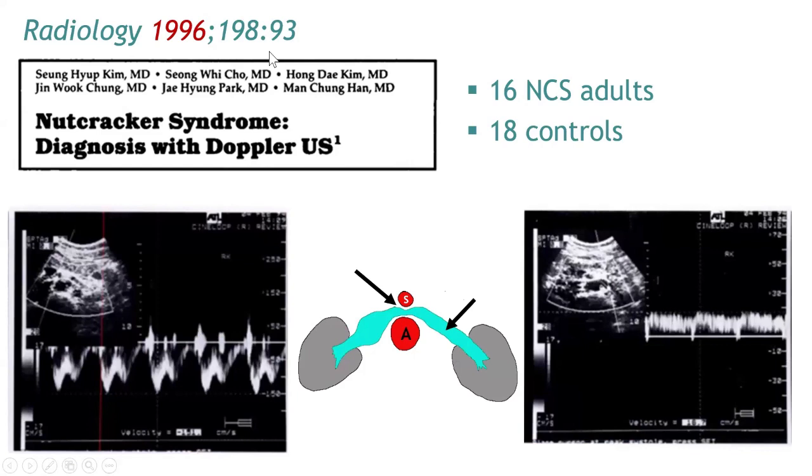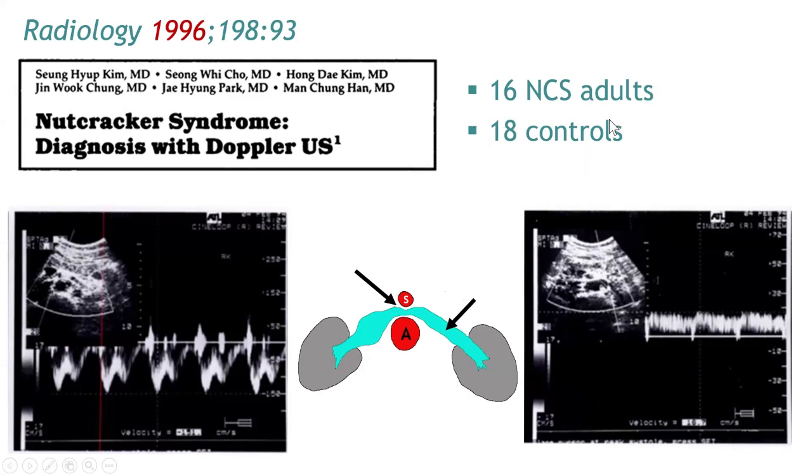And so about 30 years ago, I thought that we can use Doppler velocity in detection of Nutcracker phenomenon using Doppler ultrasound. We had a study in 16 Nutcracker patients and 18 controls.